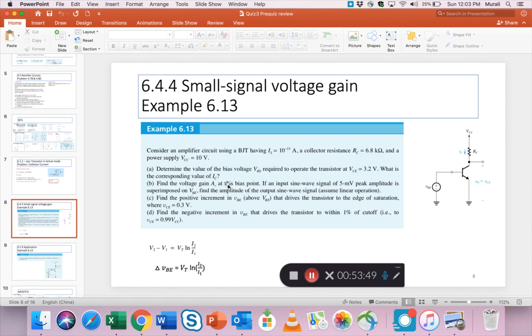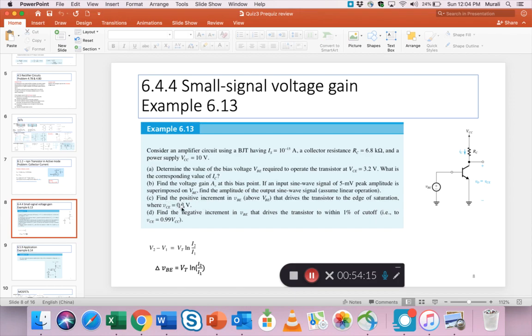Then find the gain. Then the next question is about a positive VBE increment. That means what signal can we add to the basic VBE so that the transistor goes to the edge of saturation, driven to where any more and you'll go into saturation. So what is that limit?